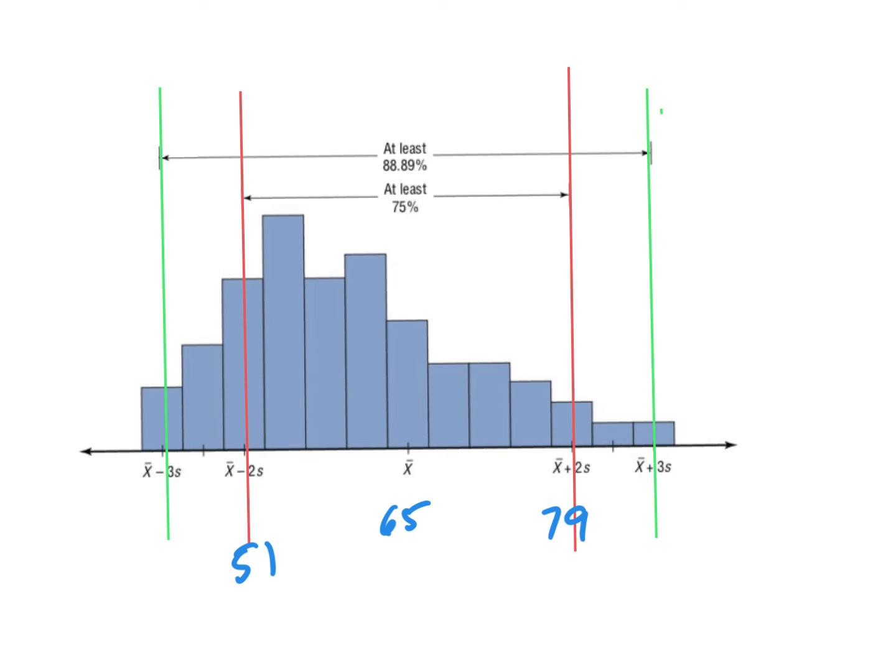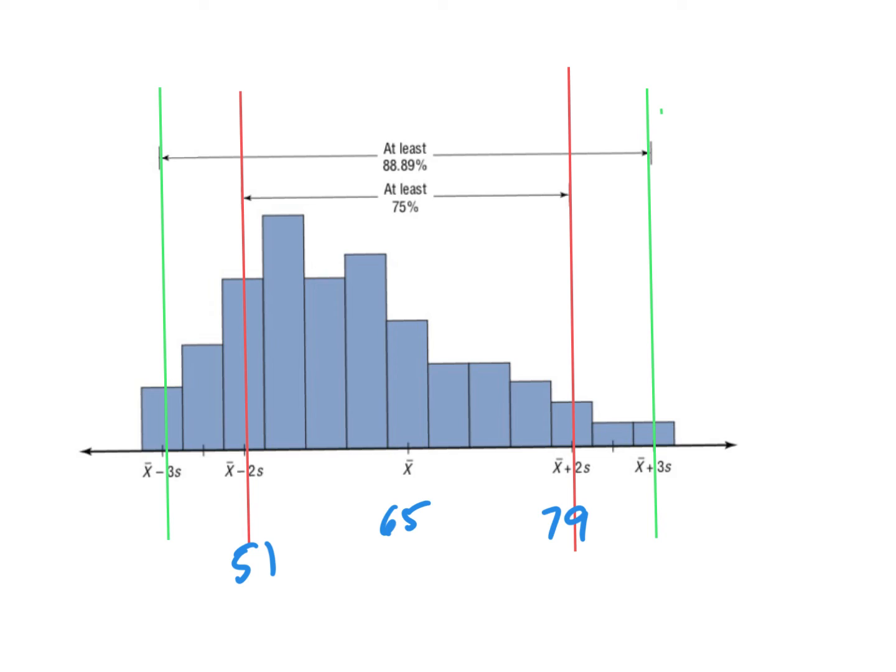So this example is more concrete: 2 standard deviations above, 2 standard deviations below. In between these red lines, in between 51 and 79, at least 75% of the data will fall.